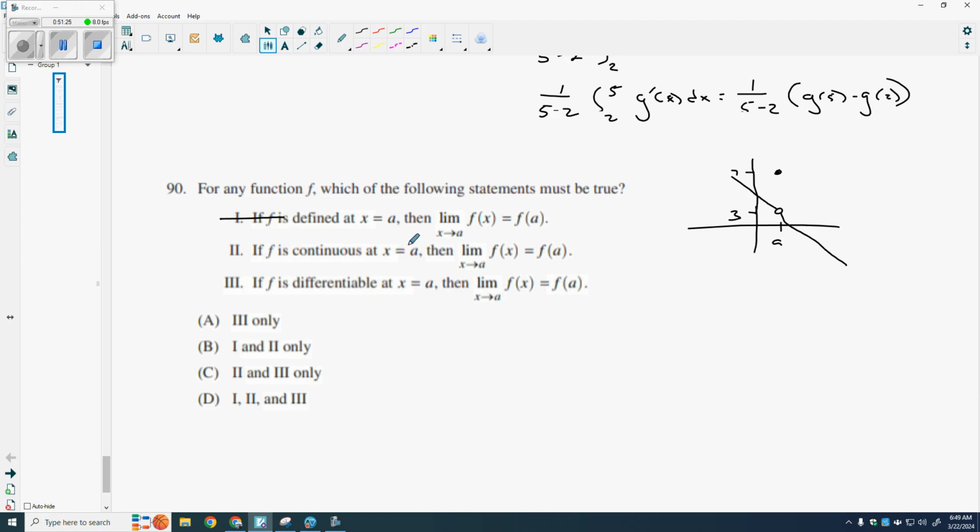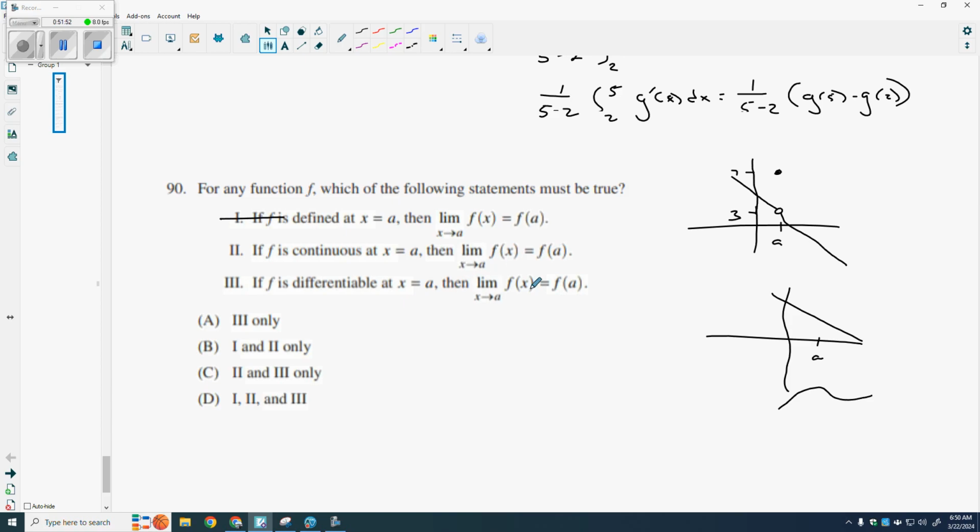F is continuous at a, so now there isn't a break in my graph. At x equals a, my graph is continuous. Then the limit as x approaches a of f of x equals f of a. Can I draw this in any way so that the limit and function value are not the same?